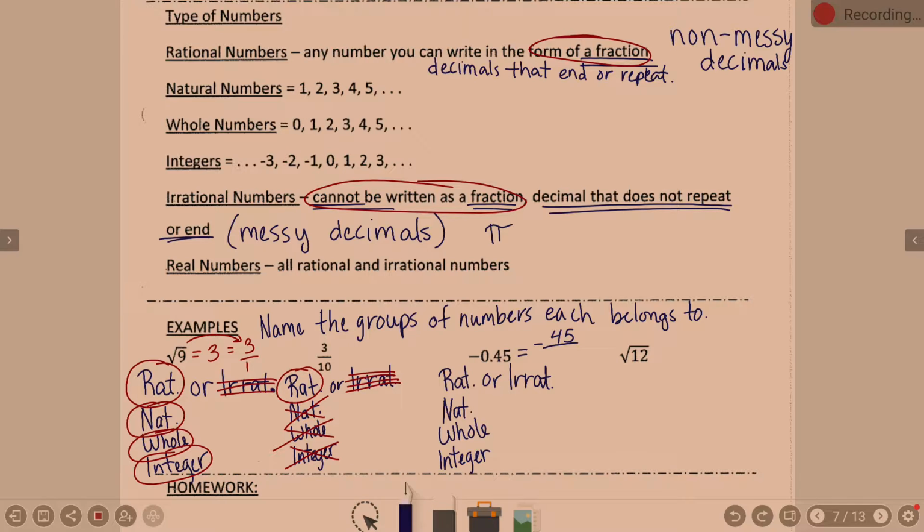What's the 5 in? Hundredths. So the decimal negative 0.45 is the fraction negative 45 hundredths, so it's negative 45 over 100. So that decimal read as 45 hundredths is that fraction 45 over 100.